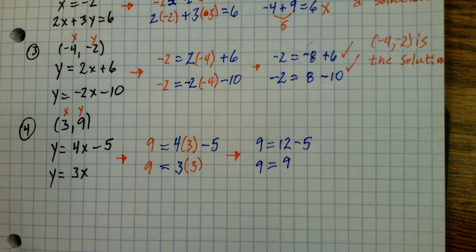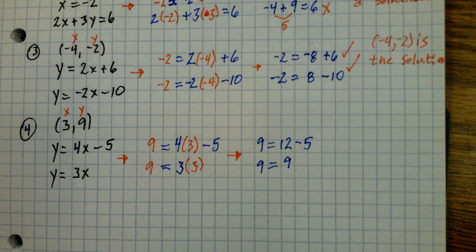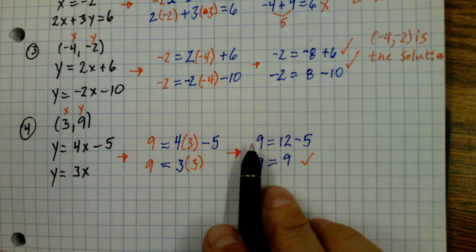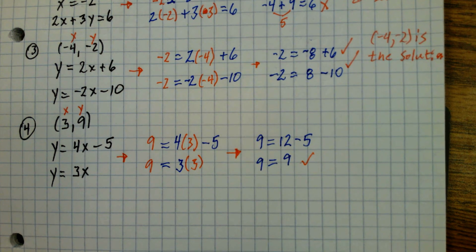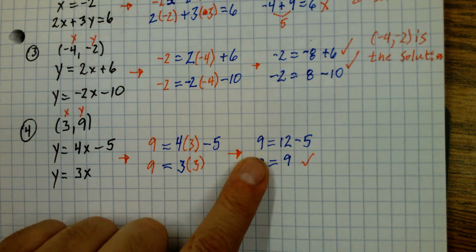Okay, so if you substituted correctly, at this point you should have 9 equals 12, take away 5, and 9 equals 9. Obviously, the second one is true. Is the first one going to be true, you think? No. 12 take away 5 is 7. It's not 9.